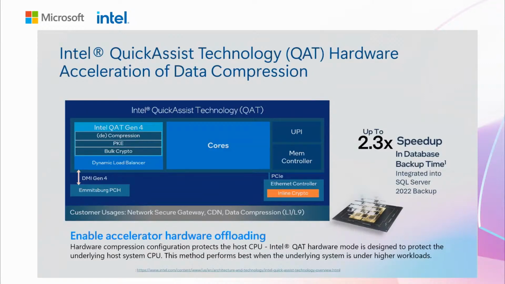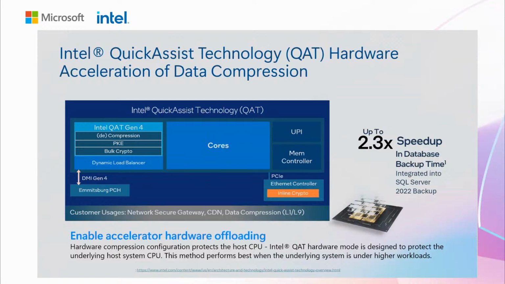This is a quick, brief architecture of how it works. With QAT technology, we can offload CPU tasks to a device, and that device is called QAT. That device is not a PCI device. It is part of the CPU, which means you don't have to add an add-on card to your systems.